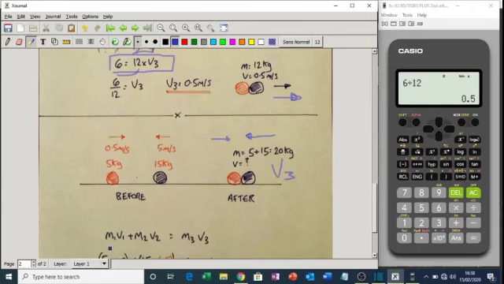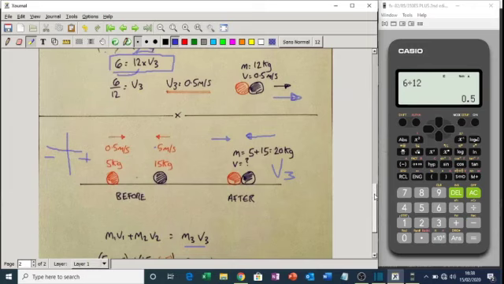There's our standard formula, M1V1 plus M2V2 is M3V3. The only thing to worry about is this. Everything coming to the right we'll call positive, anything to the left we'll call negative. Which means the 0.5 is going to be positive, and because this 5 meters per second is coming the other way, we're going to put a negative number in front of it.